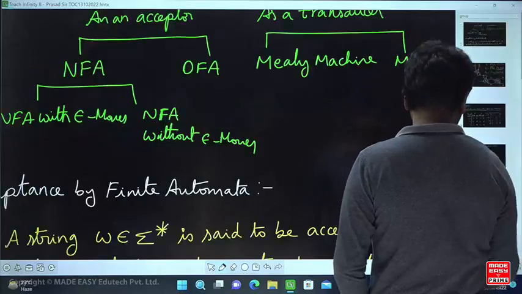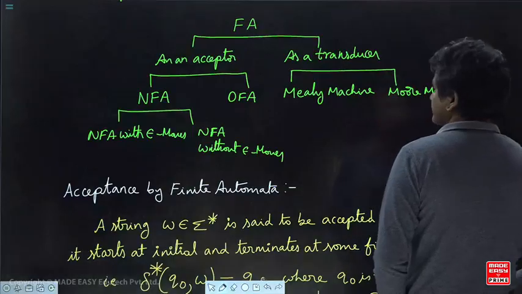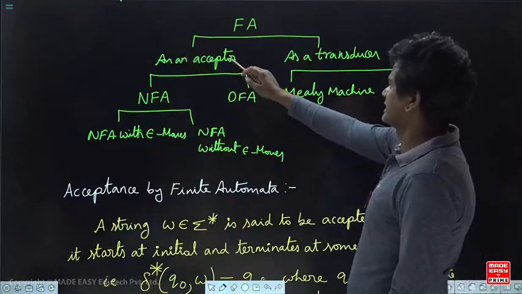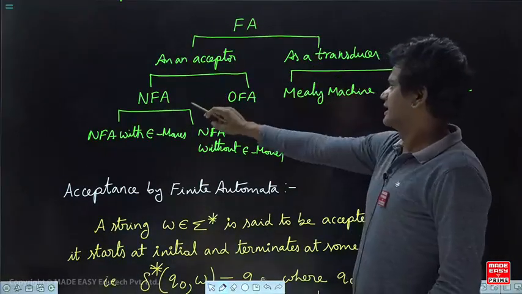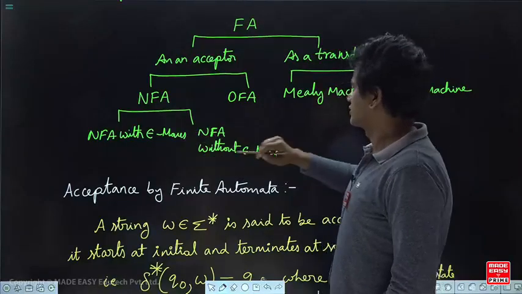Look at this one: finite automata as an acceptor, as a transducer. Acceptors are NFA, DFA, NFA with epsilon moves or without epsilon moves.